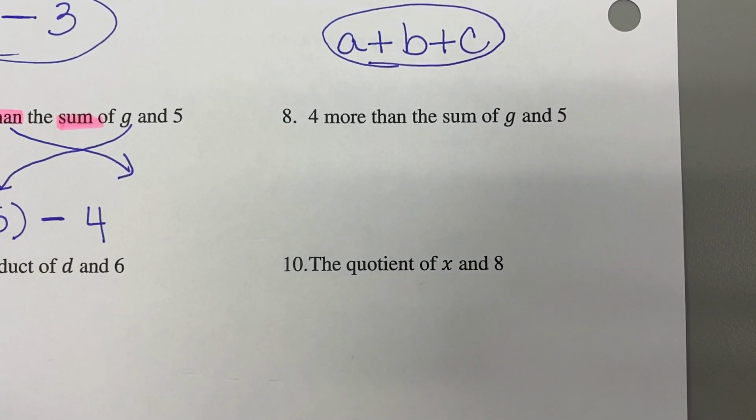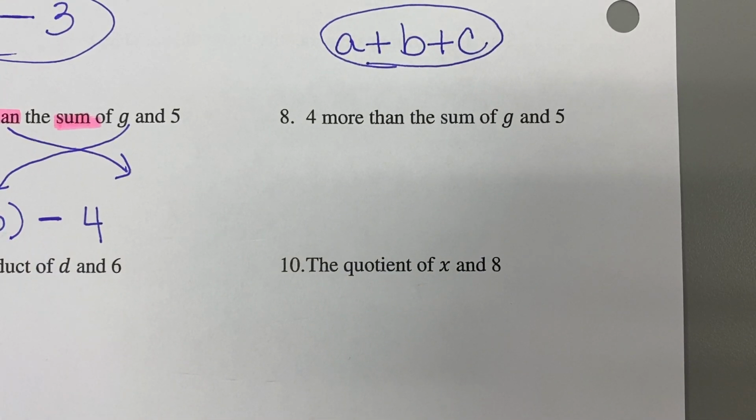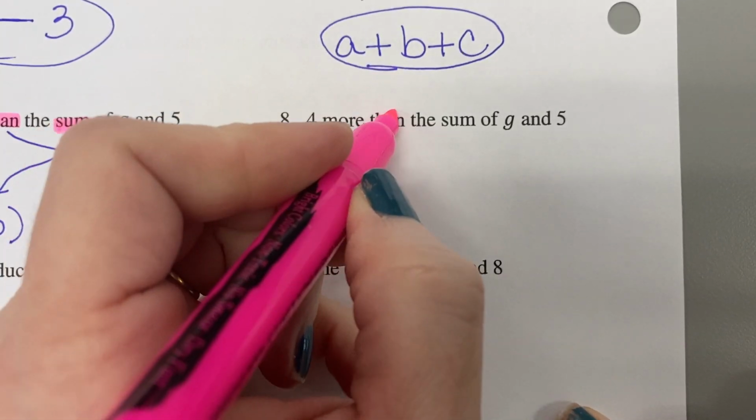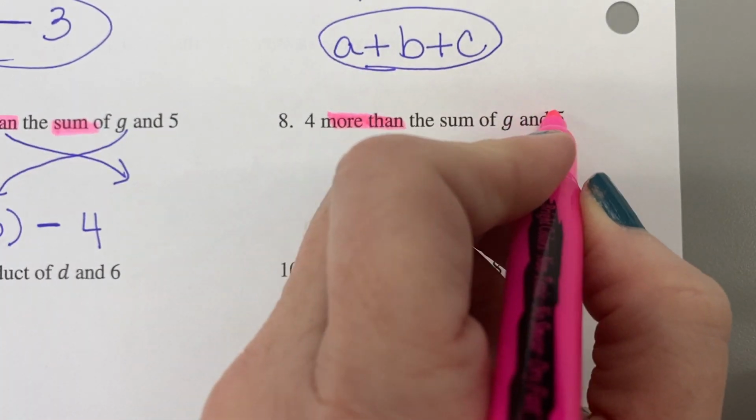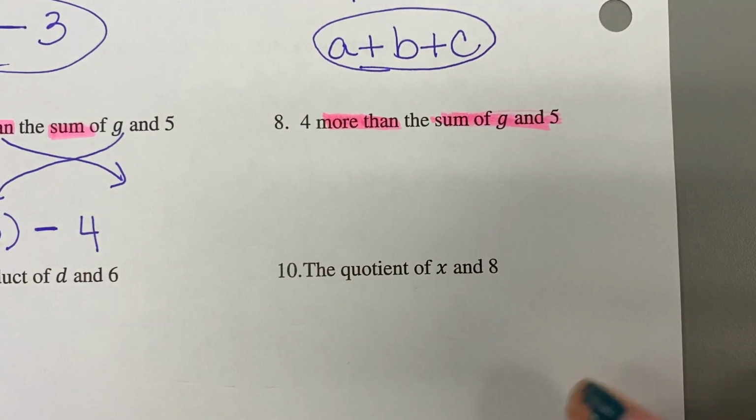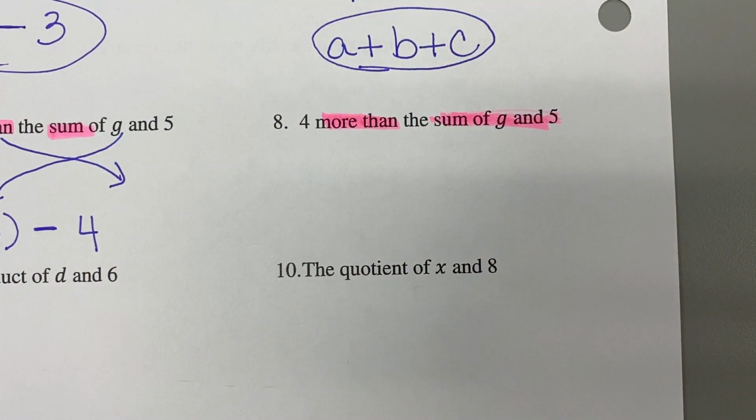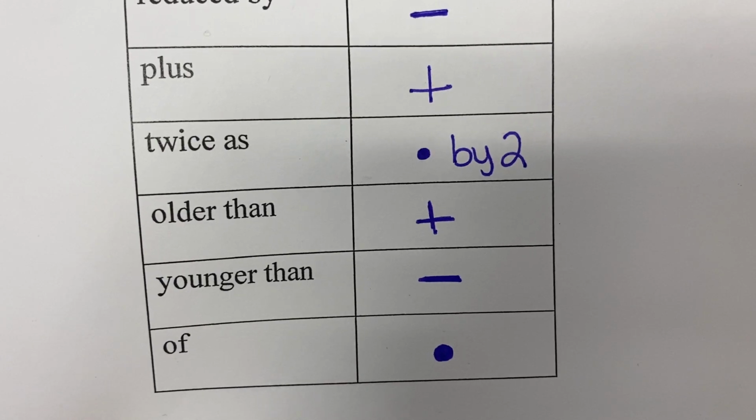Okay, number 8. 4 more than the sum of g and 5. Did we have more than? I don't actually think I had more than on here. I have older than.